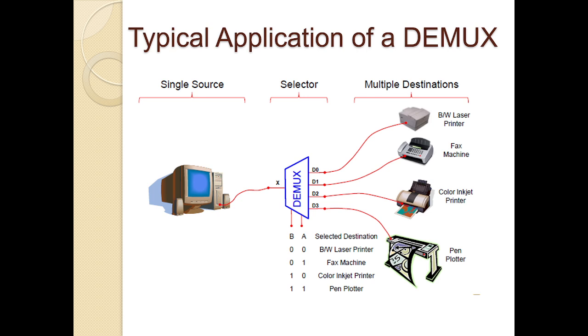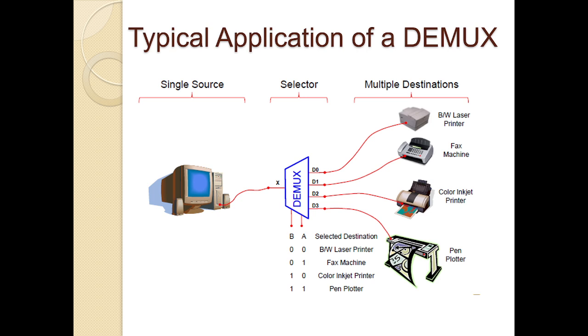When the selection line is 0, 1, the input of the computer is connected with the second fax machine, so the input is reflected in the second output. When the selection line is 1, 0, the computer is connected with the color inkjet printer, that is, the input is reflected in the third output. When the selection line is 1, 1, the computer is connected with the pen plotter, that is, the input is reflected in the fourth output.